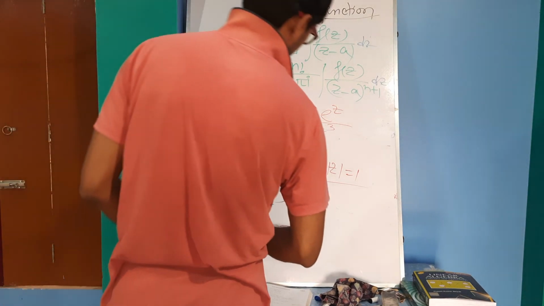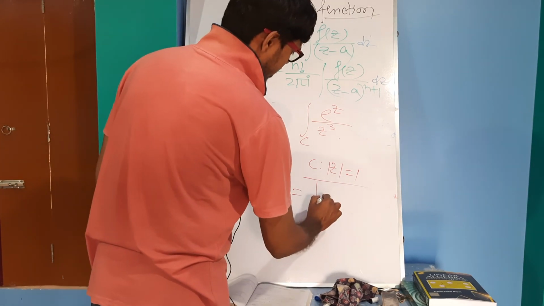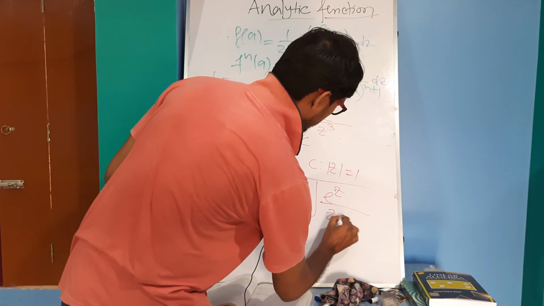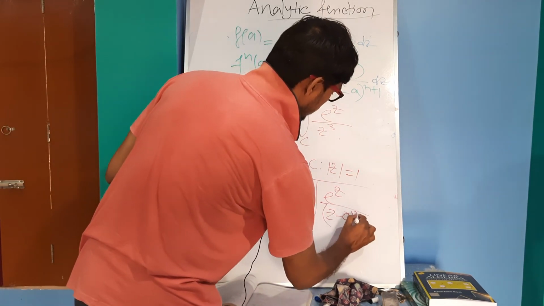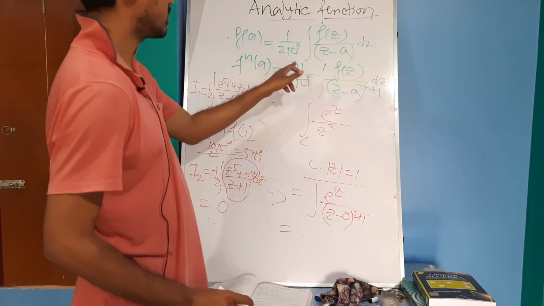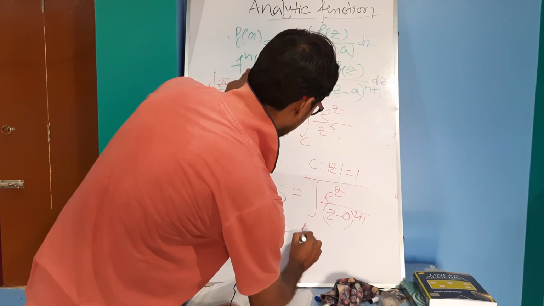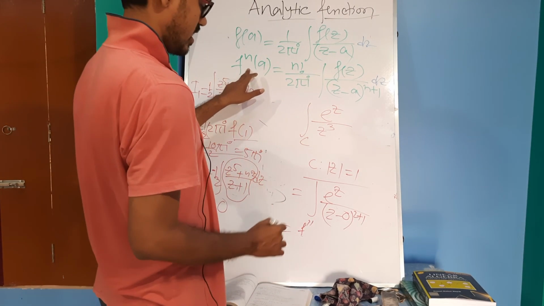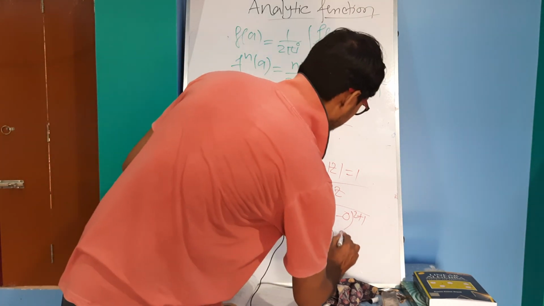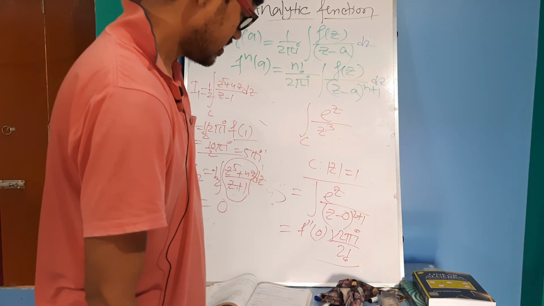This function can be written as e to the power z over z minus 0 whole power 2 plus 1. So you can take n equal to 2, and this part will be equal to f double dash at 0 into 2 pi i by factorial 2. So you can solve it.